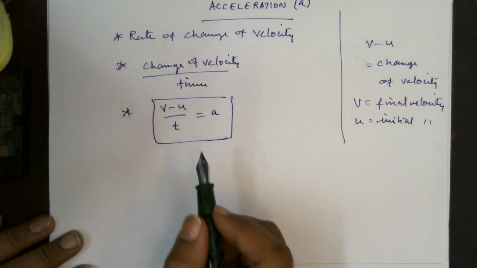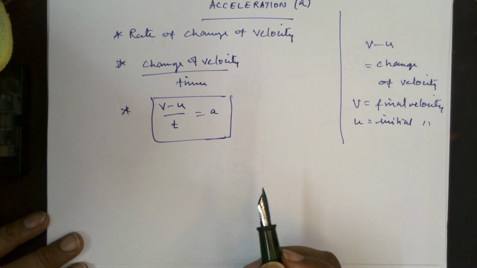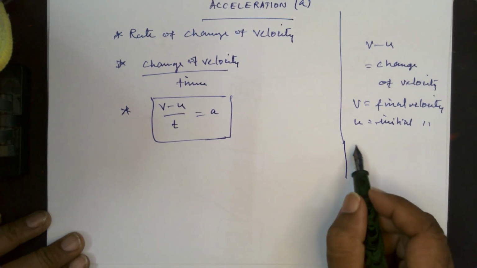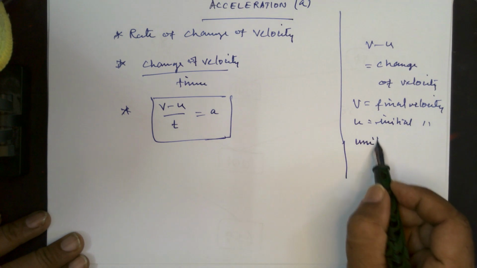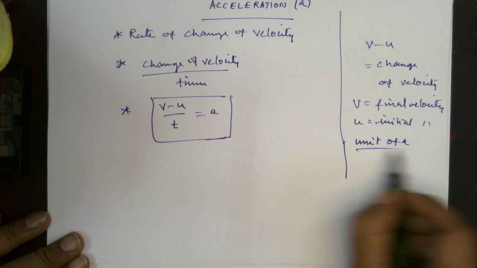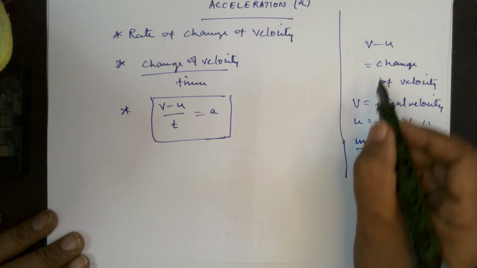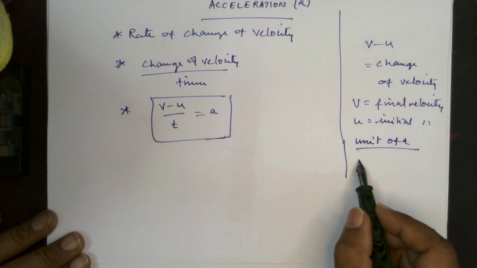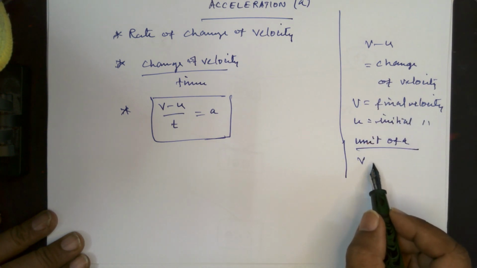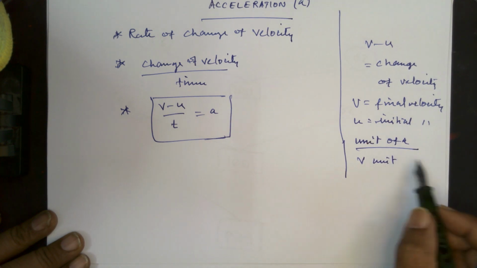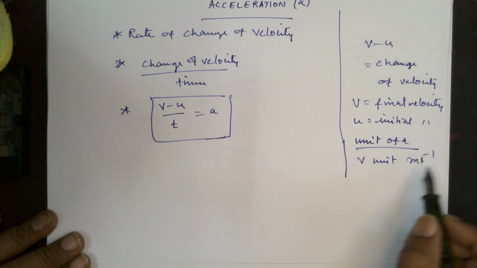So this is called acceleration. Now let us see the unit of a. What is the unit for velocity? Velocity unit is meter per second.